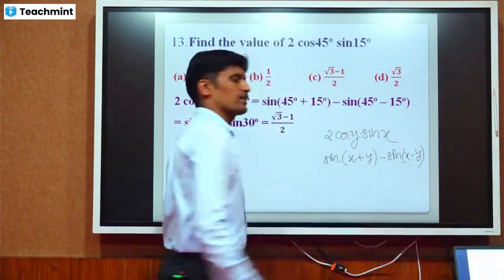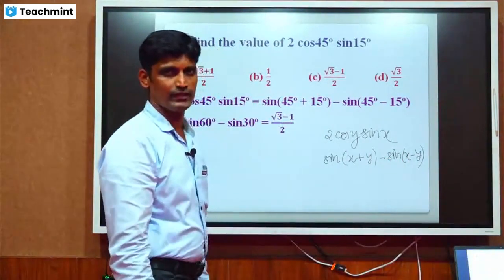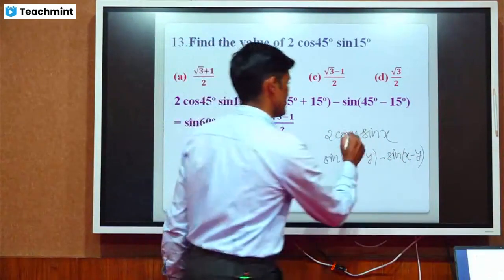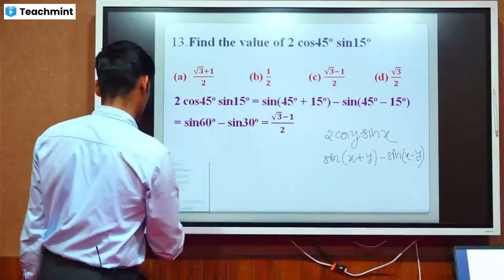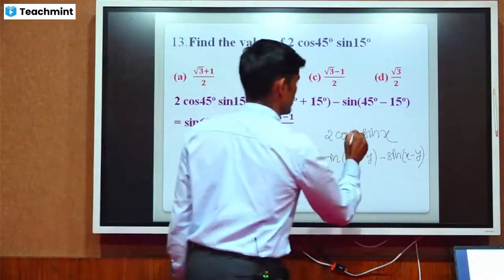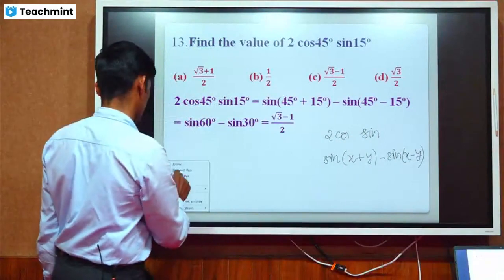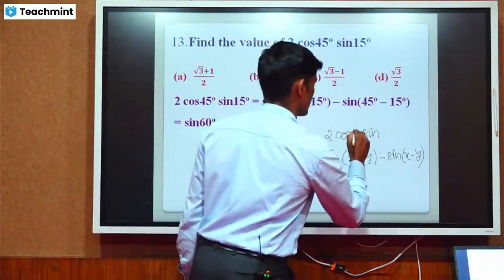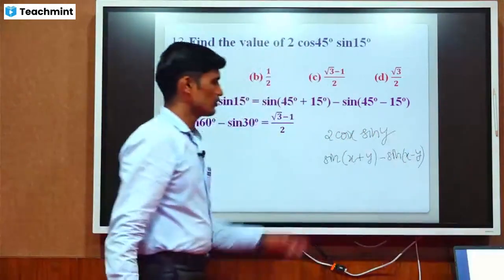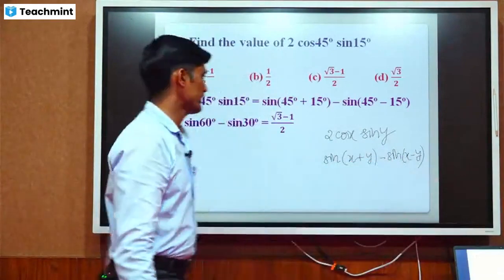You know, sin of x plus y minus sin of x minus y is equal to 2 cos x sin y. So 2 cos x sin y is equal to sin of x plus y minus sin of x minus y.